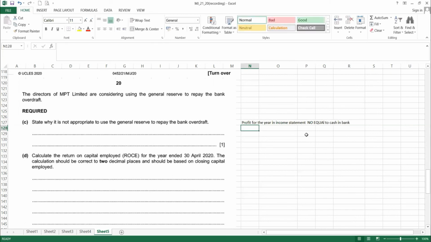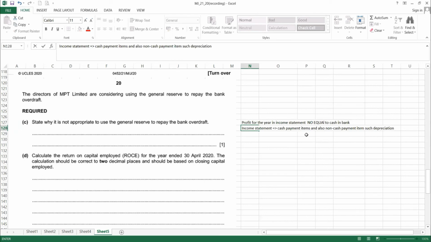Because in the income statement, they include cash payment items and also non-cash items, such as, for example, depreciation, which we do because of the accounting requirement.